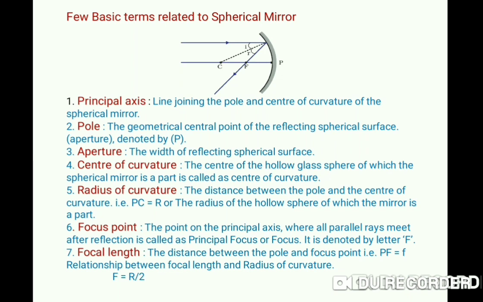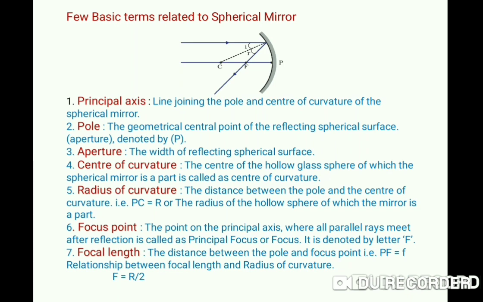Focus point. The point on the principal axis where all parallel rays meet after reflection is called the principal focus, or simply focus. It is denoted by the letter F. Focal length.